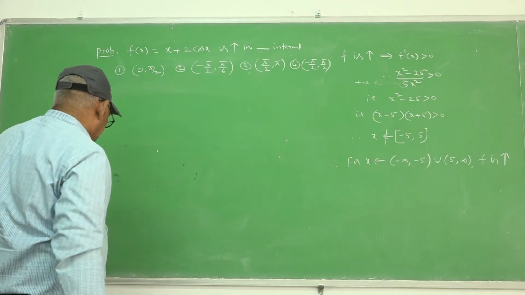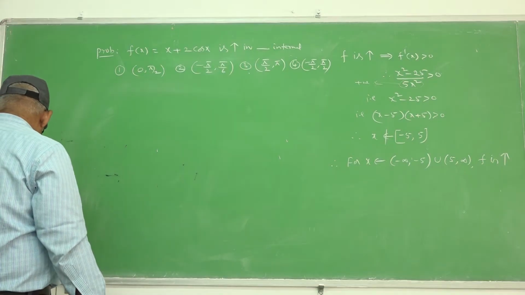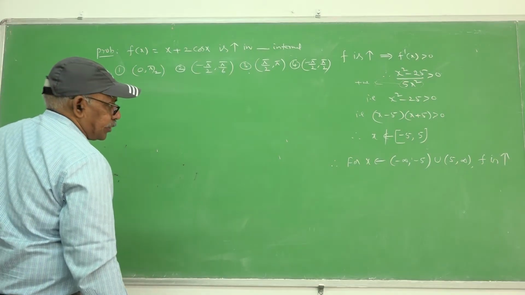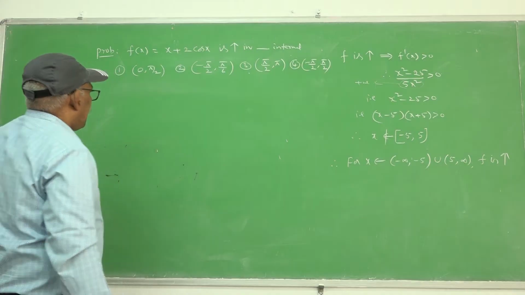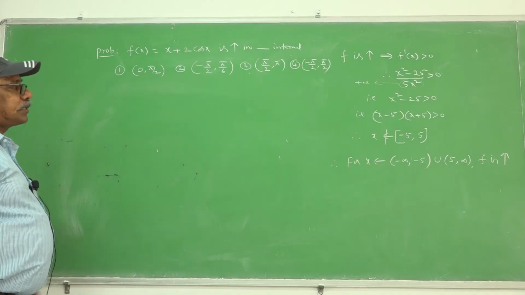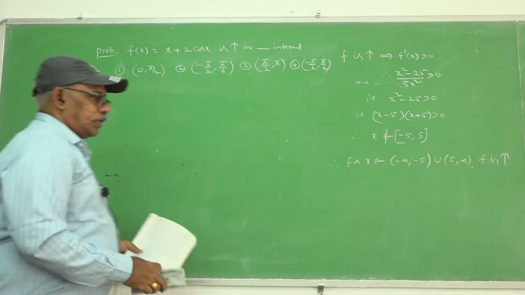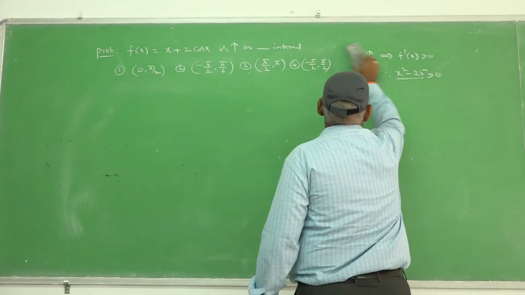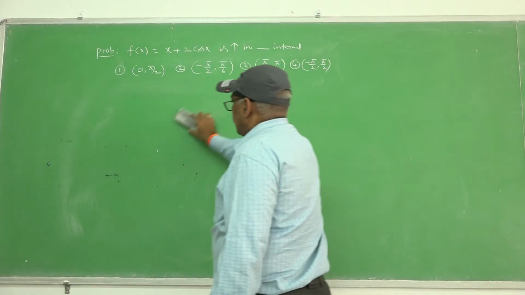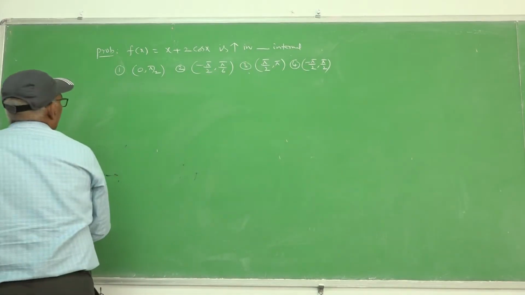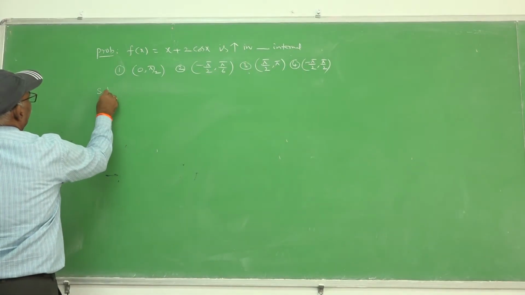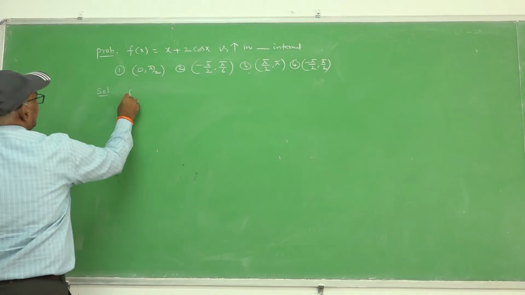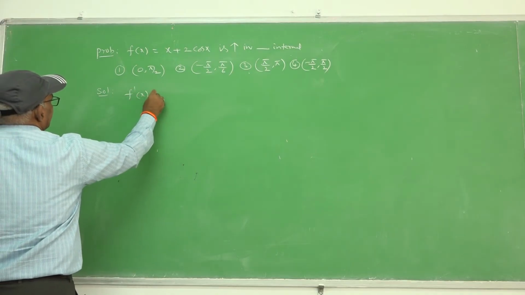f(x) equal to x plus 2 cos x is increasing in which interval? That is our question. Since f(x) is increasing, let us consider f dash x.